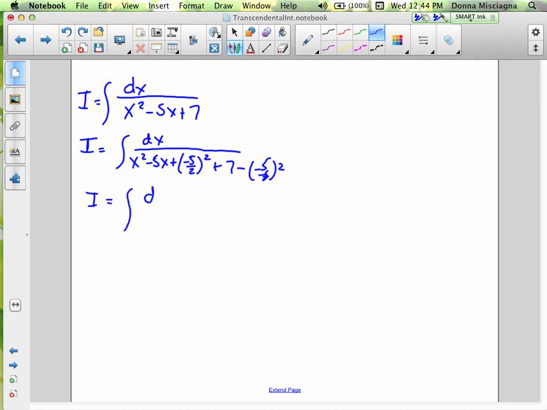All right, so now we'll simplify. So that's the integral dx, x squared minus 5x plus 25 fourths plus 7 minus 25 fourths. All right, so we can factor.